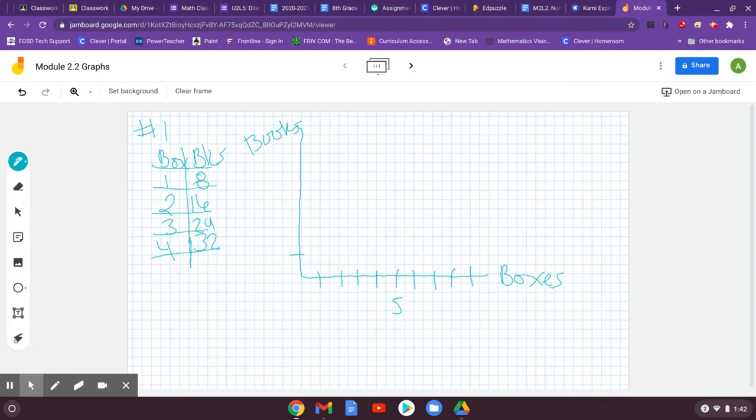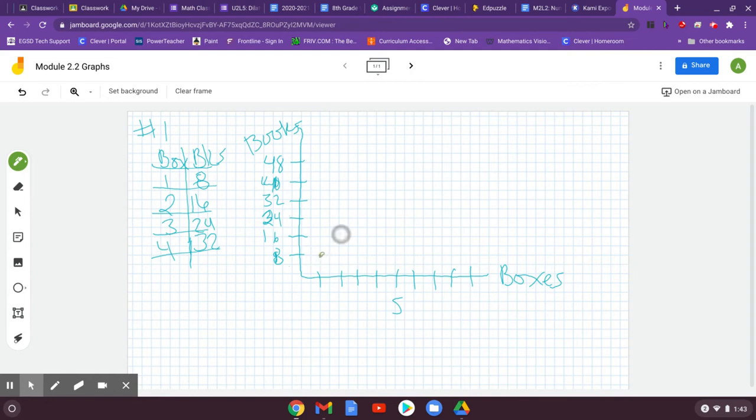So 4, 8, 16, 24, 32, and 40, 48. Okay, so go to make my graph. 1 is 8.